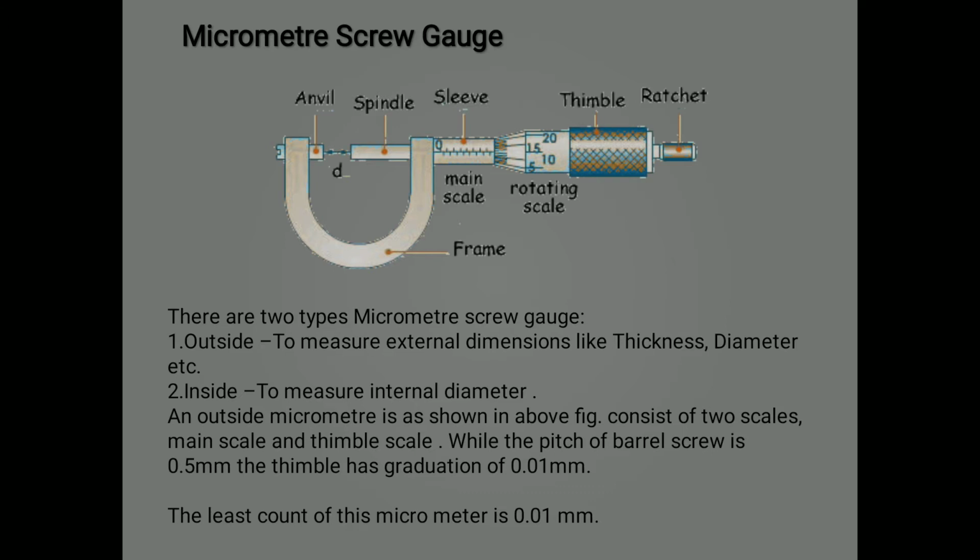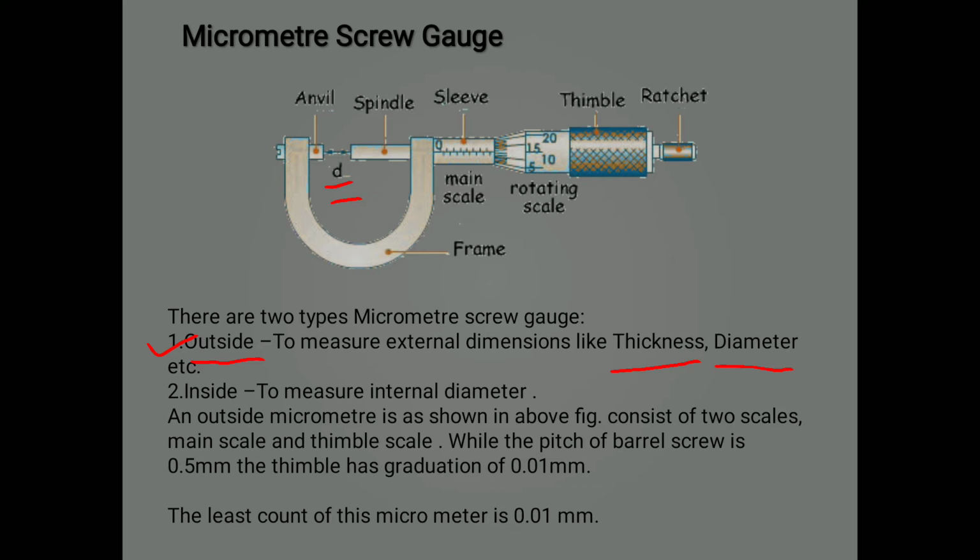The first one is the outside micrometer, to measure external dimensions. It is called outside because the parameter which is going to be checked is an outside parameter. So you can check thickness, diameter, height, etc. So this is the outside micrometer.